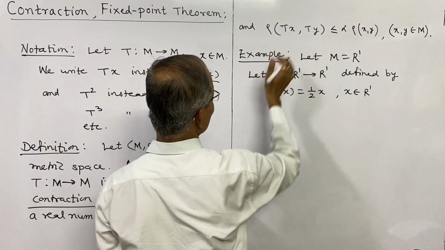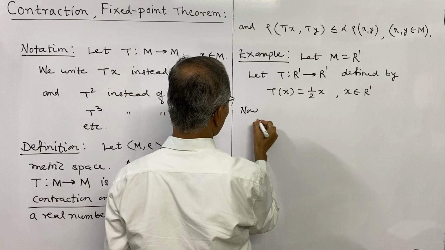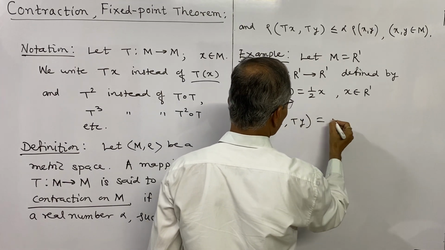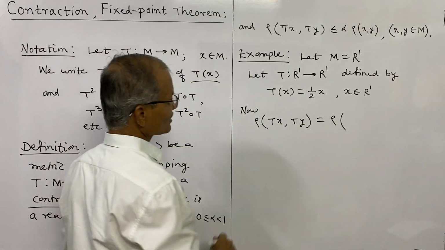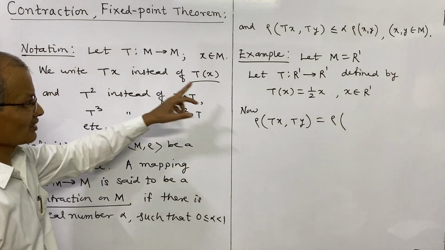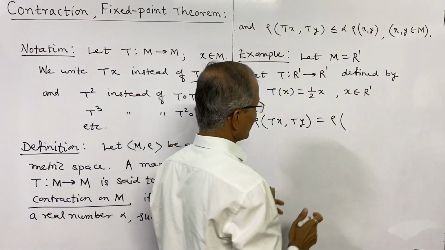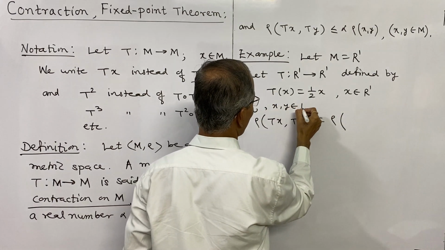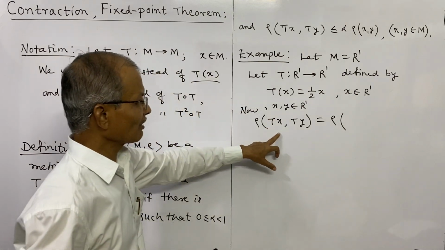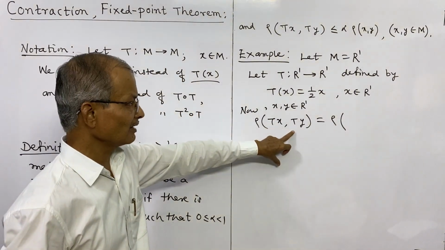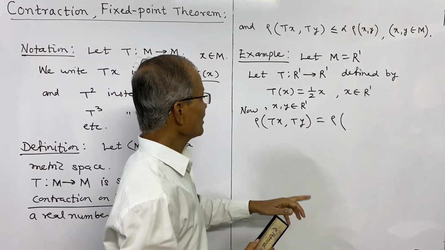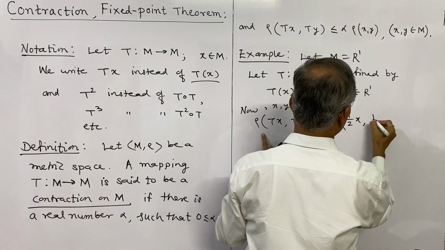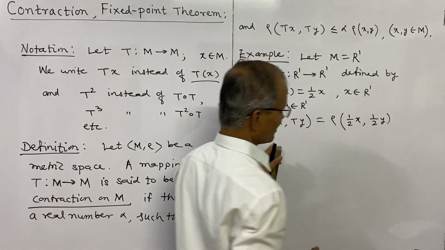See, we can verify this. Now, what is rho of Tx and Ty? T of x is half x, and therefore we will consider x, y belongs to R1, and then rho of Tx and Ty is equal to rho of half x and half y.